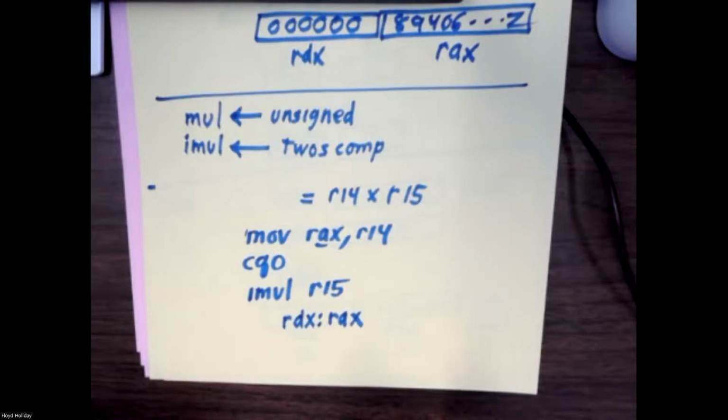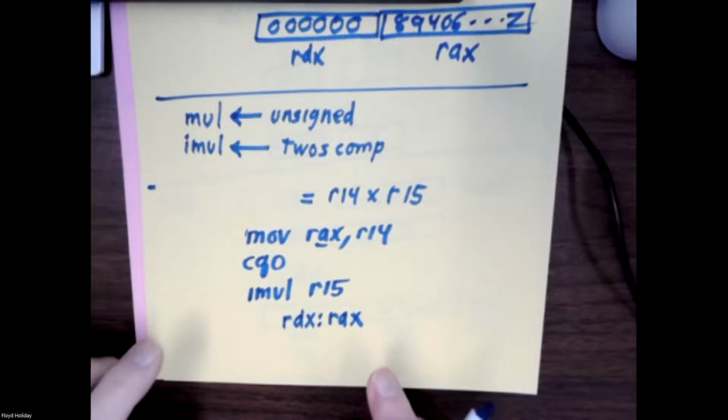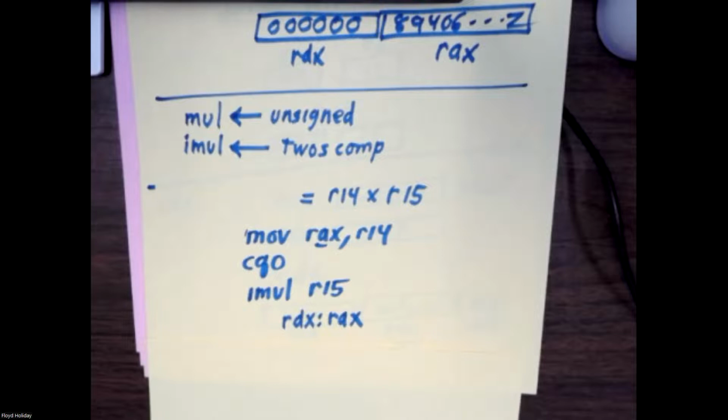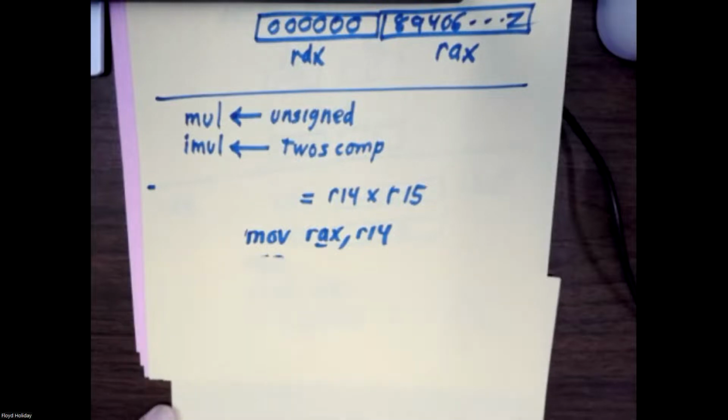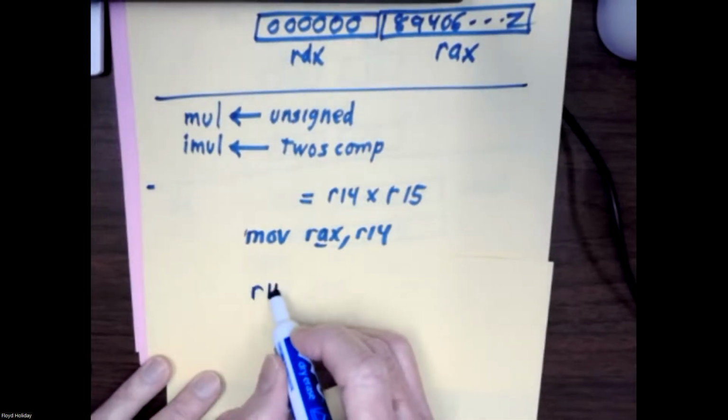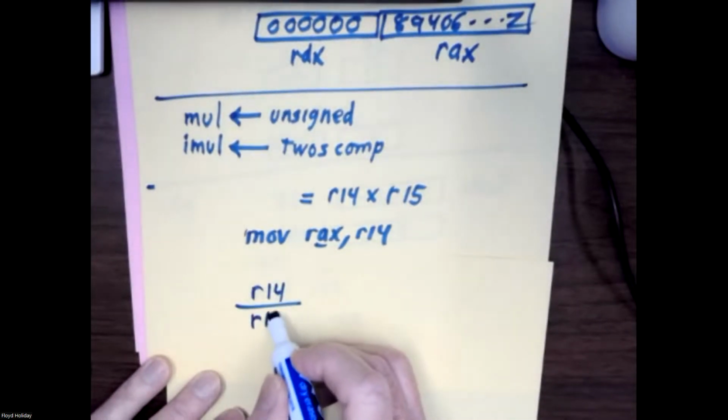Okay. Now, division gives it away. We're going to do division now. In division, you're going to see CQO again, and it's really mandatory. Okay, suppose you want to do this division. You want to divide R14 by R15.